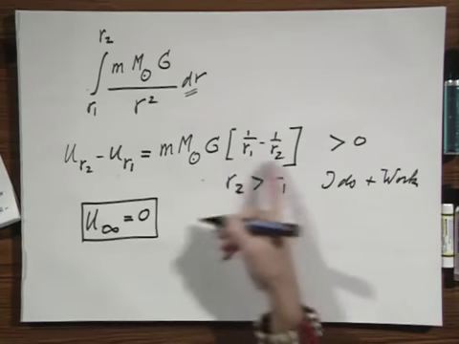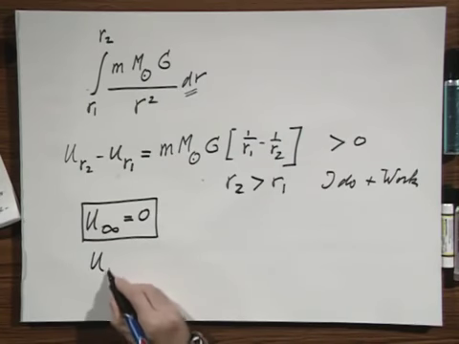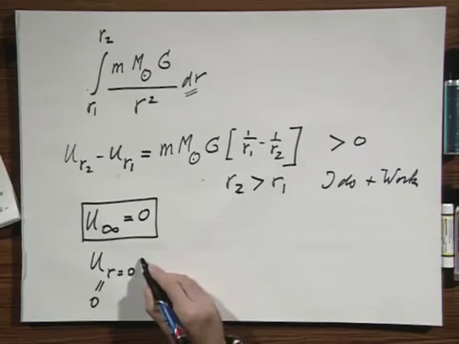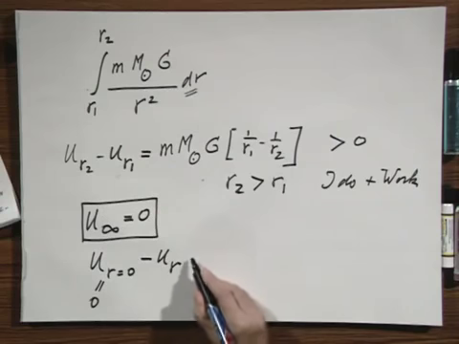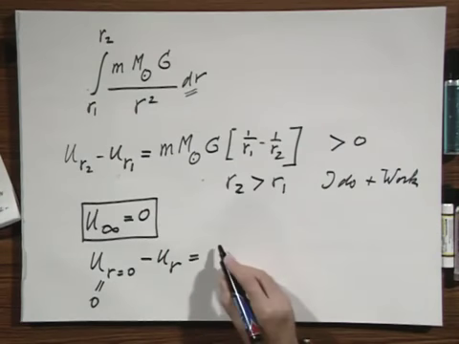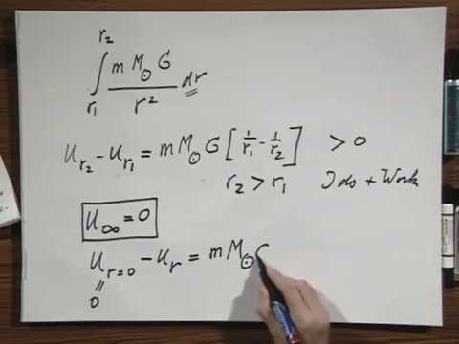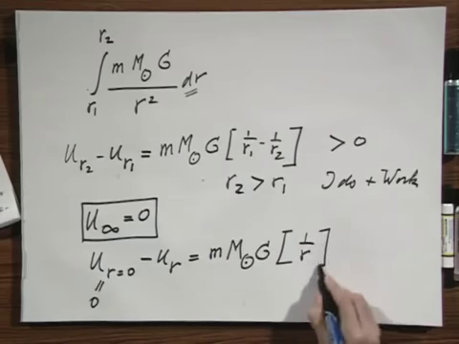Now the consequence of that is, if I fill in for r2 infinity, then I get u of r equals infinity, which we define to be 0, minus u of r. For r1 I put here now a random location r, equals m, mass of the sun, times G, times 1 over r, because this is 0.